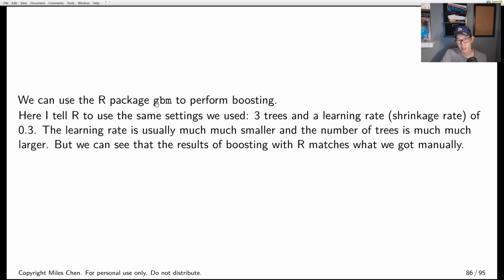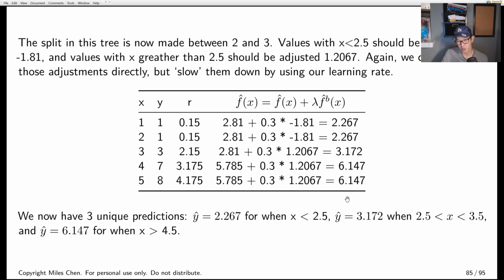In R, you can use the package GBM. If I apply the same terrible settings, where I say, hey, limit your boosting model to have only 3 trees and use a learning rate of 0.3, our results will match the results that we got here.